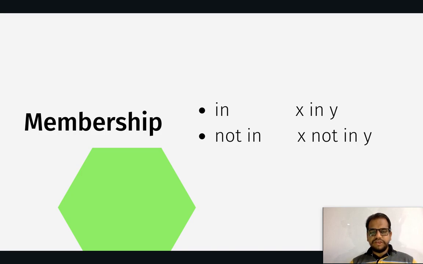In is checking whether the list has that string or not. Similarly, not in. Suppose we have one list and we check whether that string is in it. If it has it, it will show a false result. If it does not have it, it will show a true result, because we want not in. That's why.